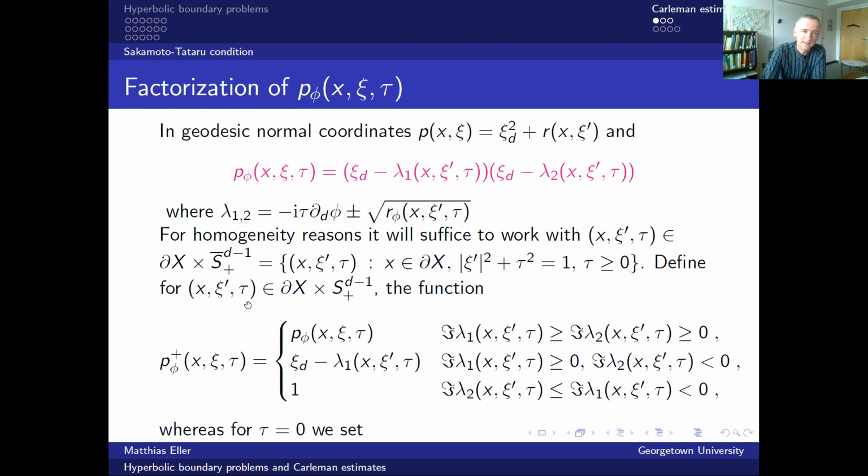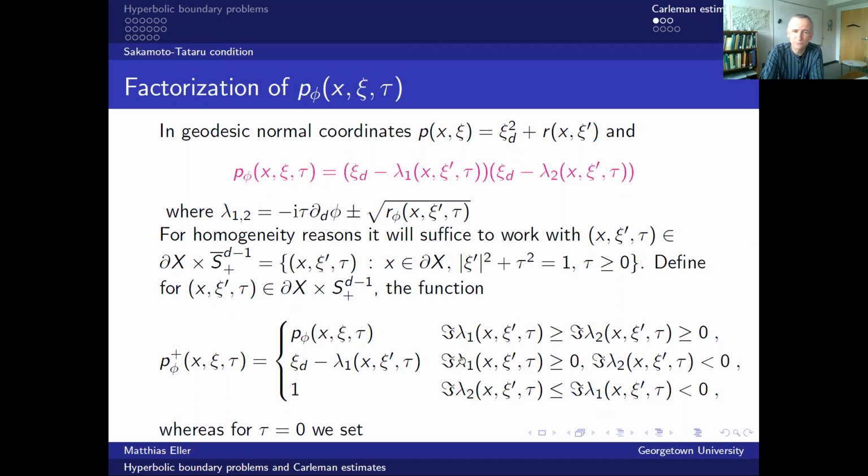So again, I can work with homogeneity reasons. I fix a boundary point. I can again work with the upper hemisphere here. And now I factor as long as tau is positive. The factorization is rather straightforward as long as I order my roots a little bit.